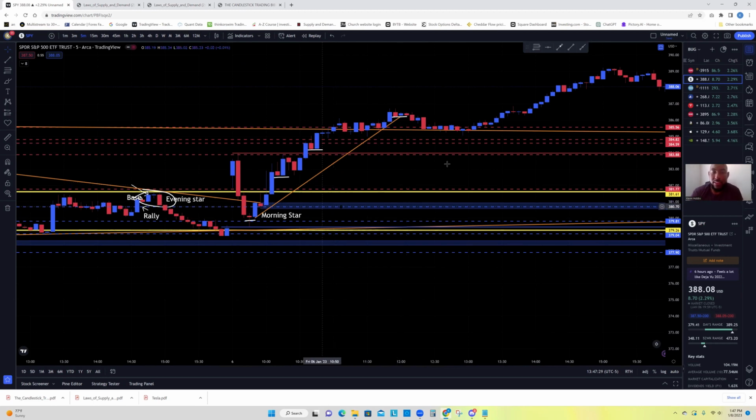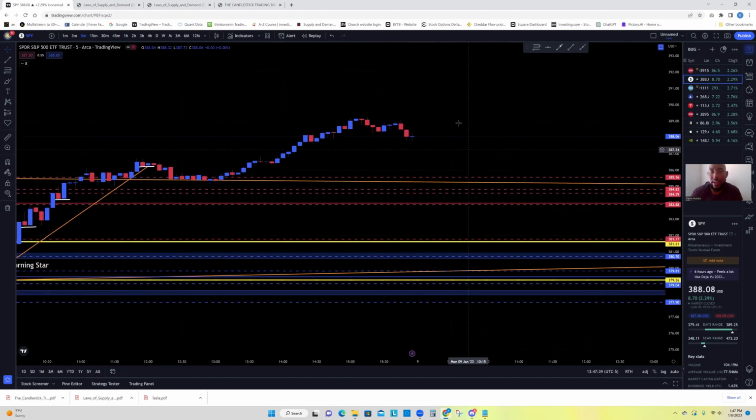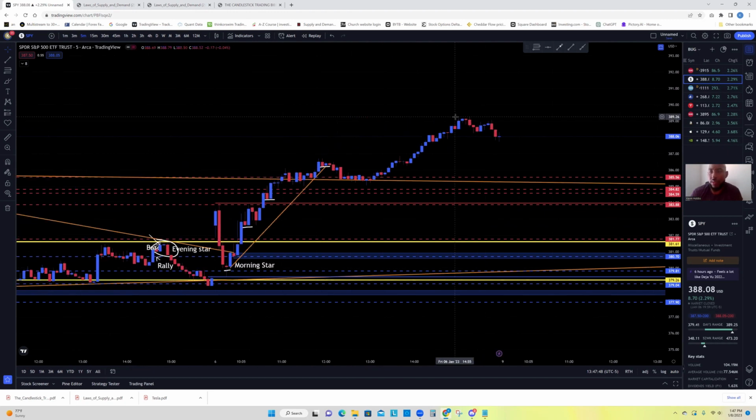So now this demand zone, if the market ever comes back there, because it went from the bottom of this wick at 380.58, and it went as high as 389.26. That's a huge jump, almost a 10-point jump.